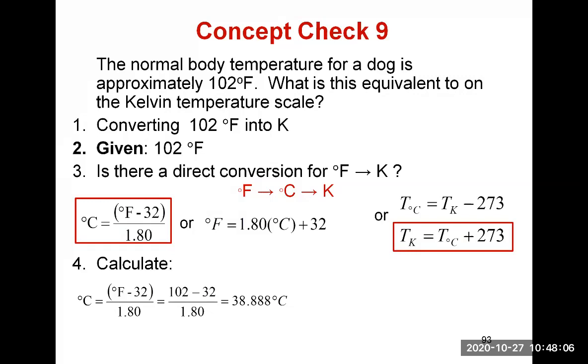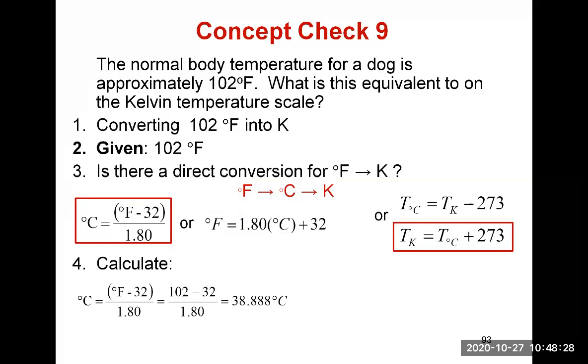If you simply type 102 minus 32 divided by 1.80, the calculator will divide 32 by 1.80 and take that intermediate answer and subtract it from 102. And this would lead to a wrong answer. So you should get 38.8888 degrees Celsius.